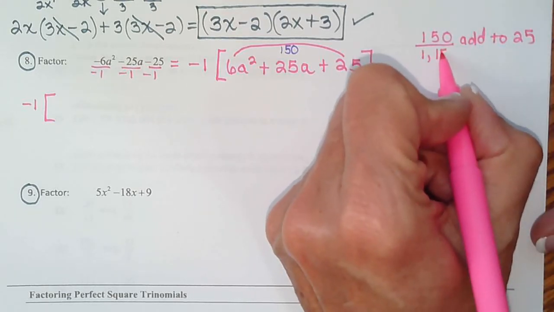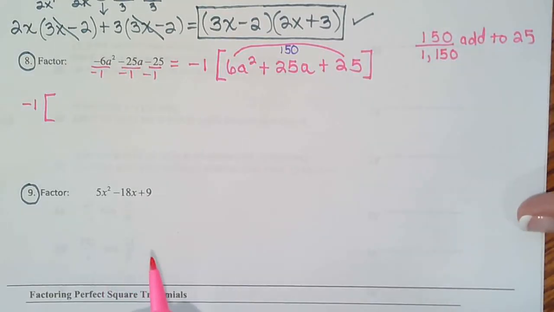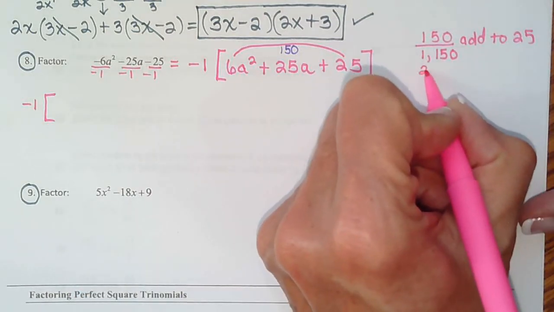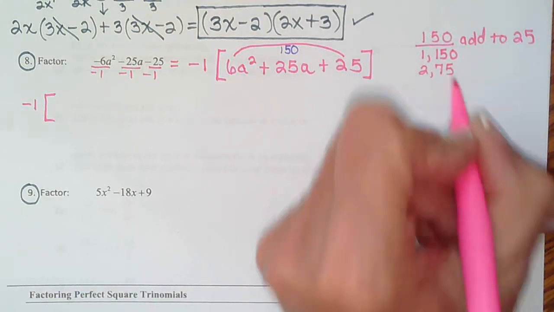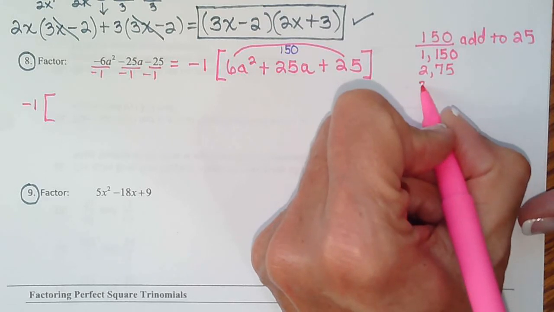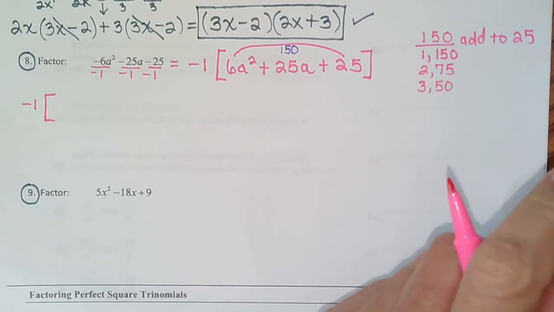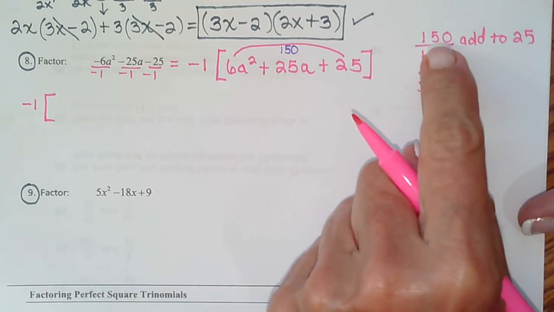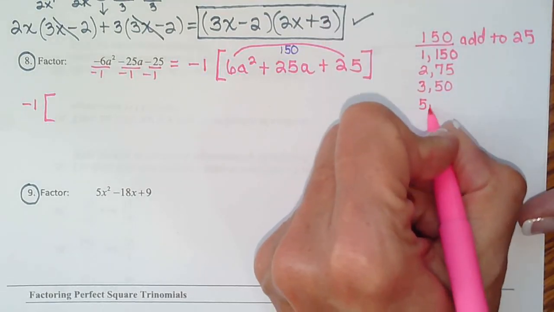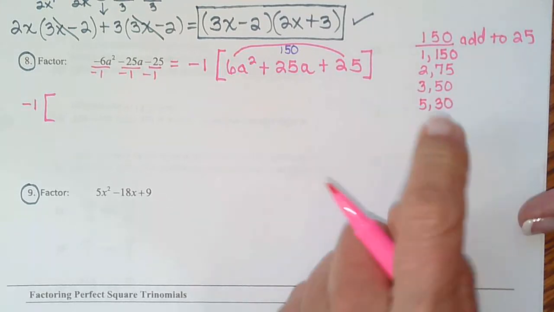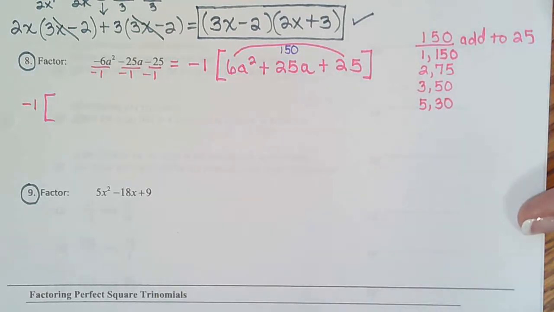So 1 and 150, no, that doesn't add to 25. 2 and 75, nope, that doesn't add to 25. 3 times 50, no, that doesn't add to 25. 4 doesn't go into it, 5 does. 5 and 30, ooh, we're getting closer. That adds to 35, but not 25.